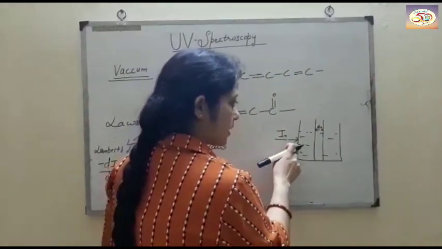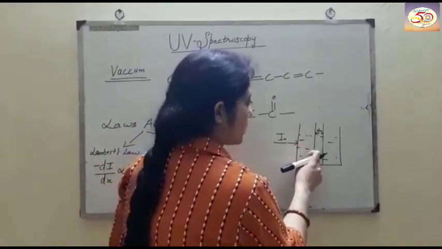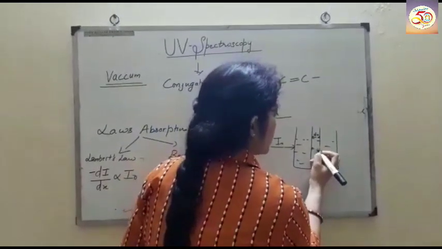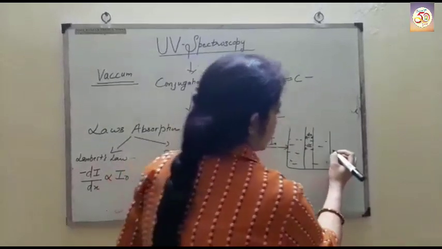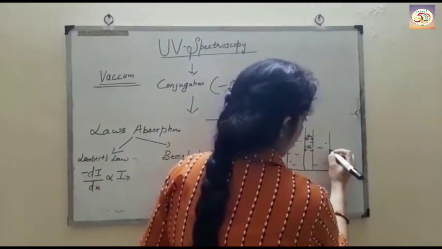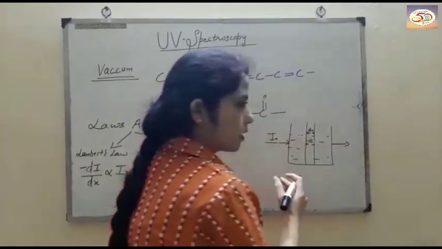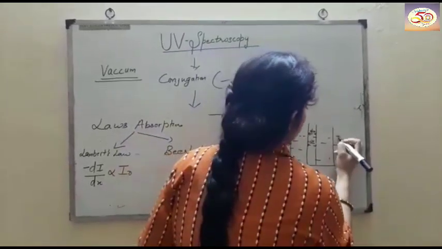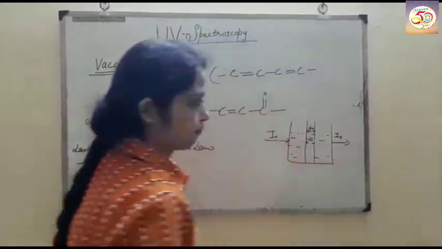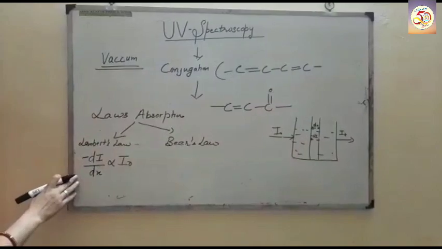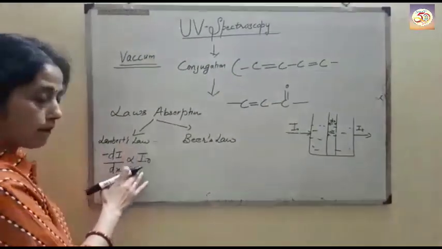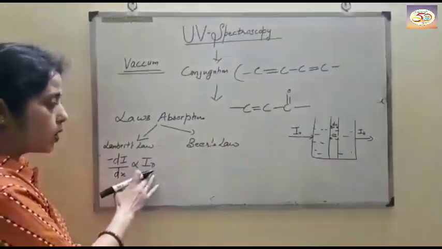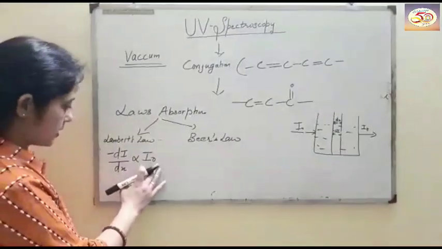Suppose I naught enters this section and the decrease in intensity is -dI, and after absorption of the small intensity by the thickness dx, the transmitted light is I T. So the rate of decrease of intensity with thickness of medium according to Lambert's law is proportional to the incident radiation intensity.